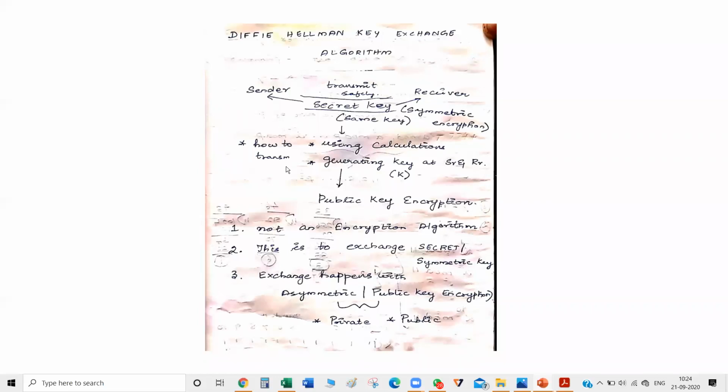This Diffie-Hellman key exchange algorithm is not an encryption algorithm. It is used to exchange the secret or symmetric key between the two parties. How does this exchange happen? It is with the help of public key encryption.